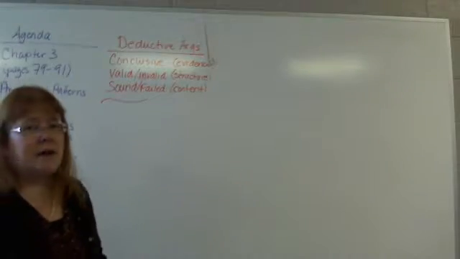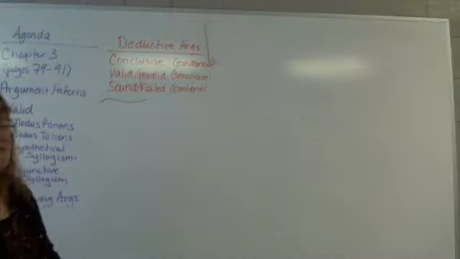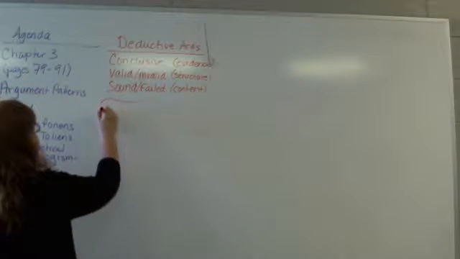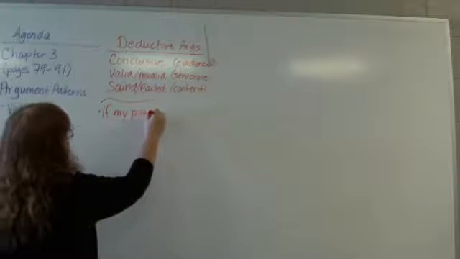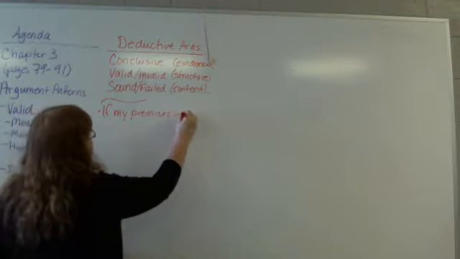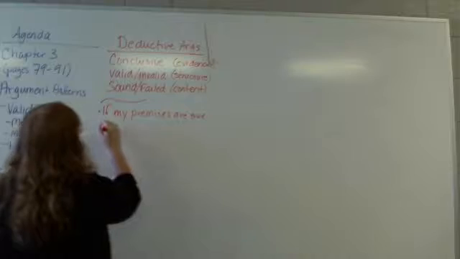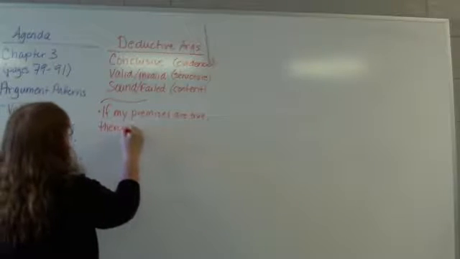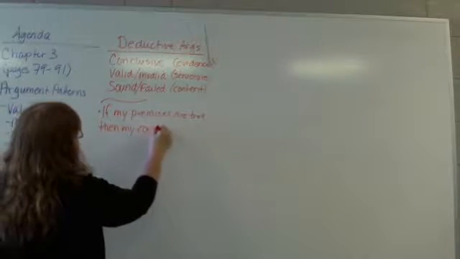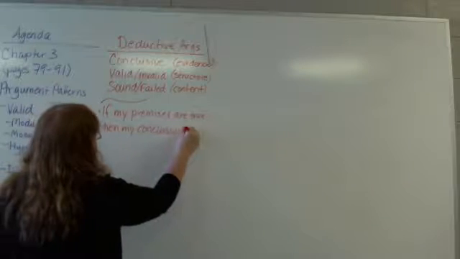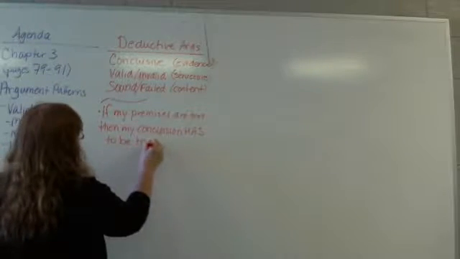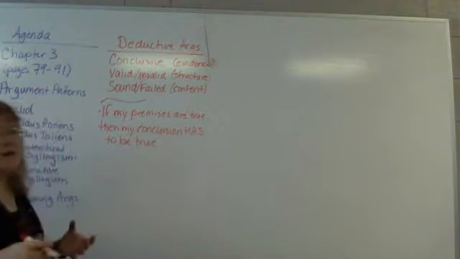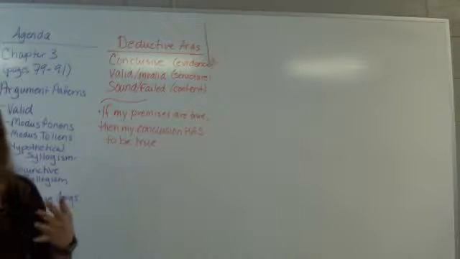A couple of other things about deductive arguments that are very important for us to know. One is, if my premises are true, then my conclusion has to be true. Okay? That's kind of our mantra when it comes to deductive arguments.